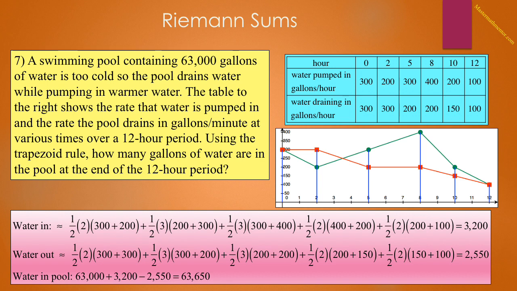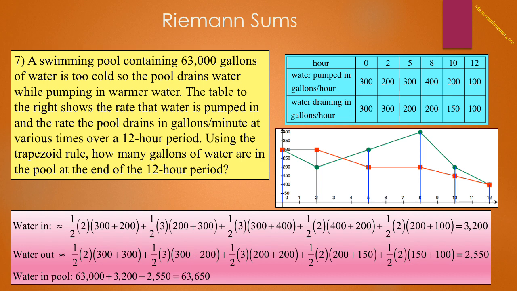For instance, the first trapezoid has a base of 2, the second trapezoid has a base of 3, etc. So for water coming in, we have 1/2 times 2, quantity 300 plus 200, plus 1/2 times 3, quantity 200 plus 300, plus 1/2 times 3, quantity 300 plus 400, plus 1/2 times 2, quantity 400 plus 200, plus 1/2 times 2, quantity 200 plus 100, and we get 3,200 gallons.